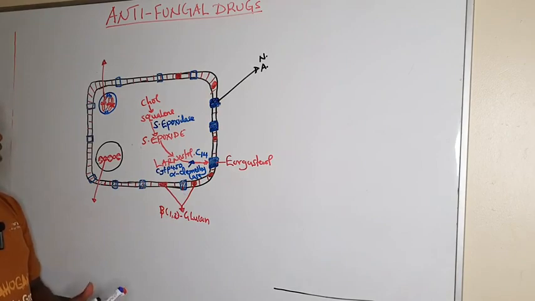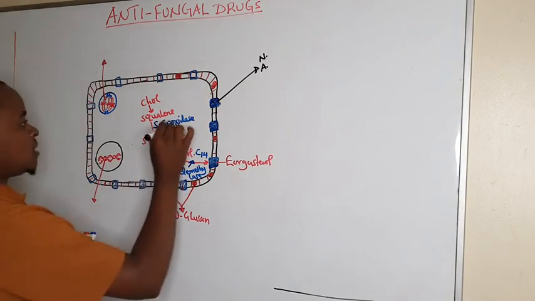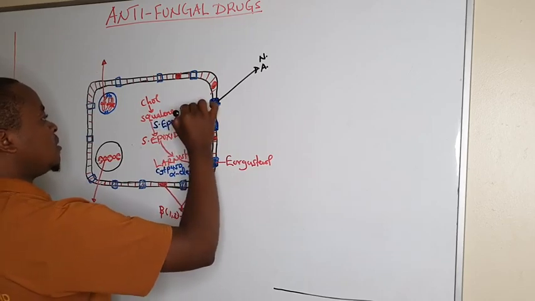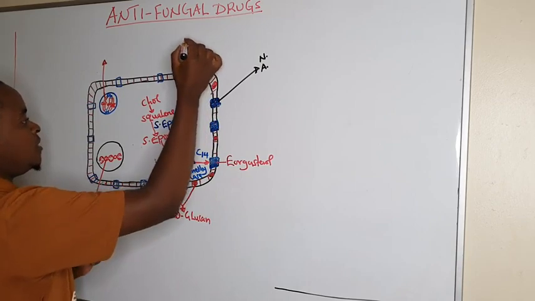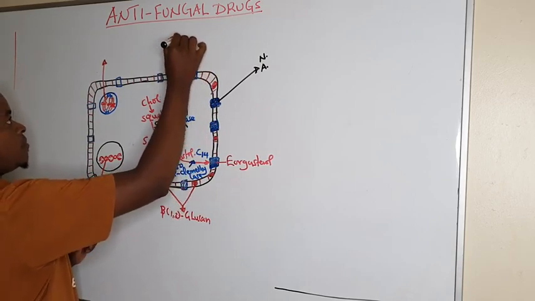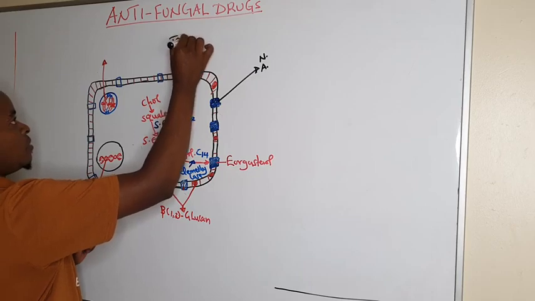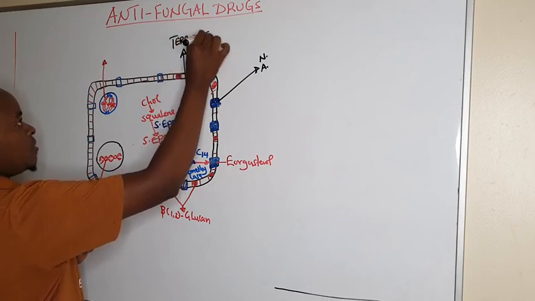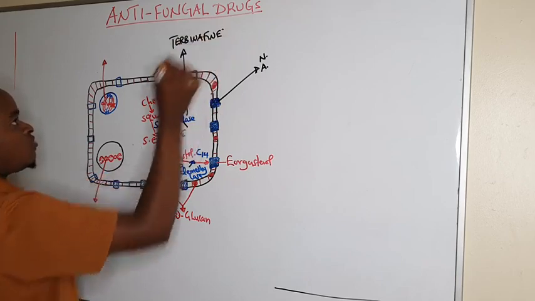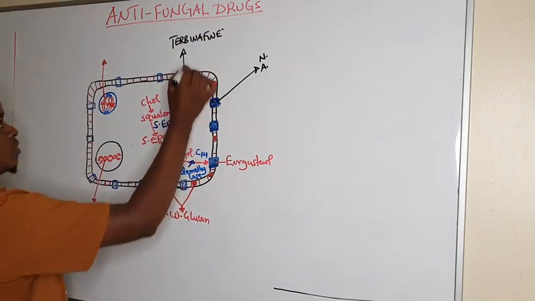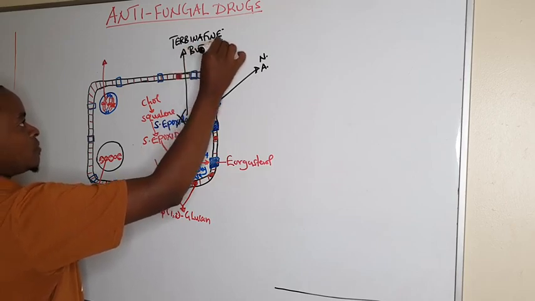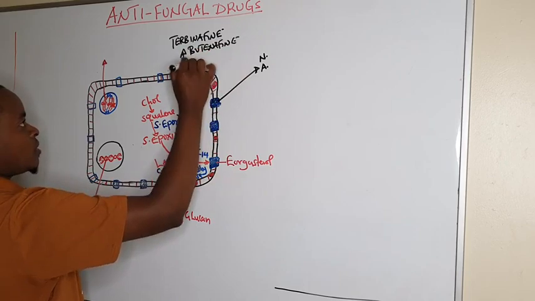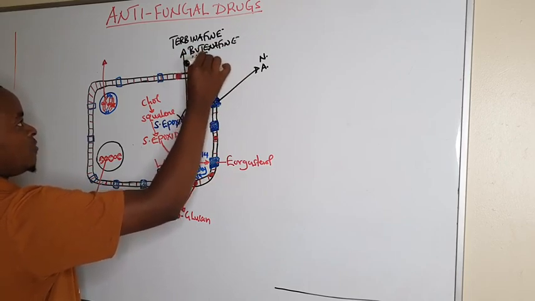And one of the drugs which targets the squalene epoxidase is known as terbinafine. Terbinafine is the most common drug being used, but we also have butenafine as a drug. We have also naftifine.